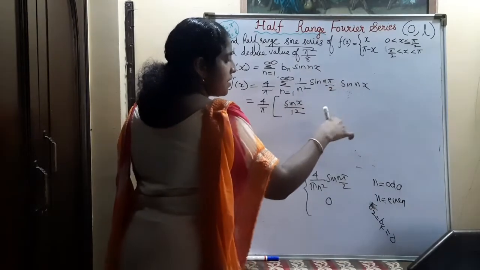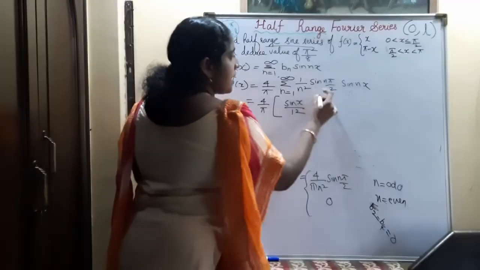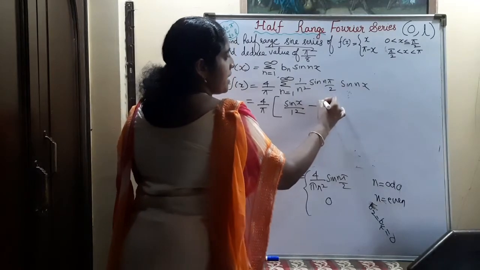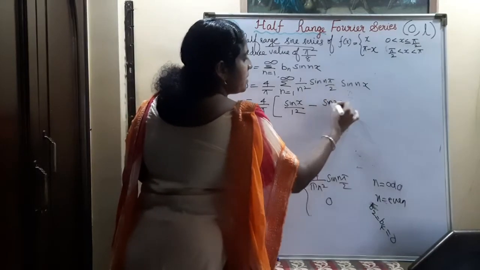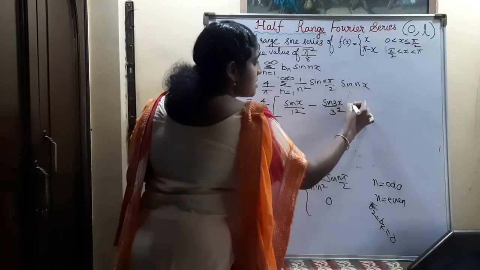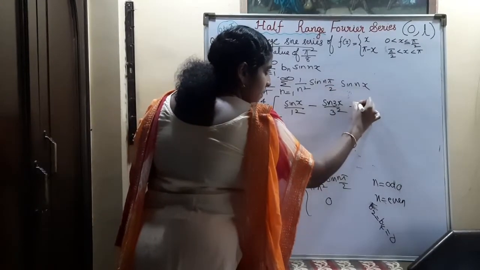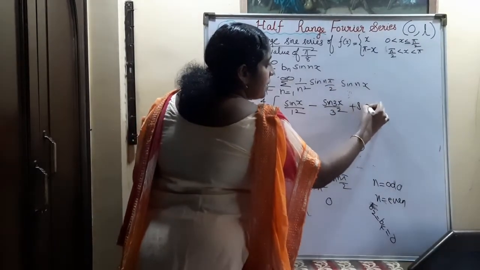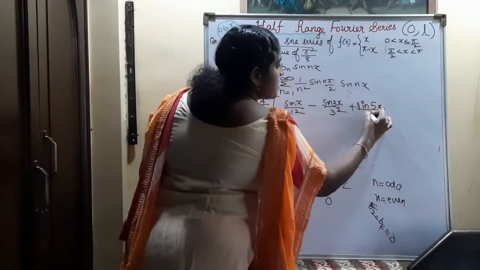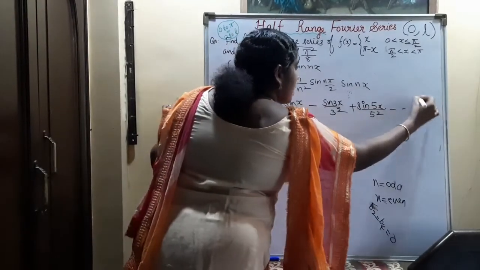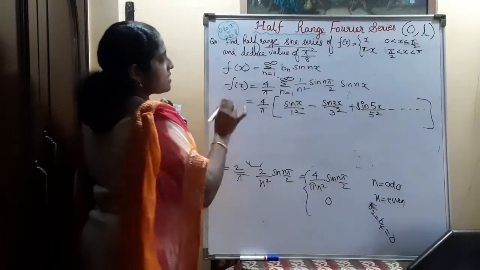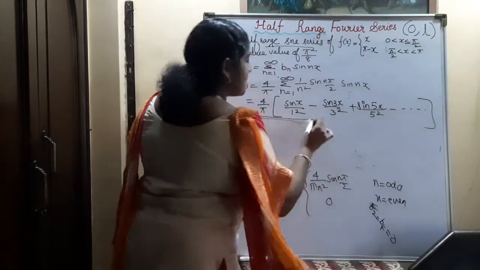Next n equal to 3, sine 3 pi by 2 is minus 1, so minus sine 3x by 3 square. Next sine 5 pi by 2 is plus 1, sine 5x by 5 square, minus, etcetera. Okay, so this is the half range sine series of the given function.